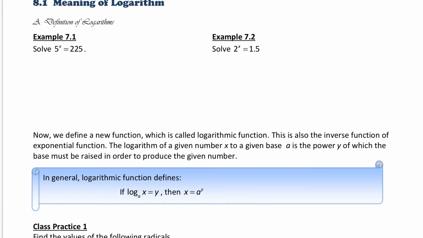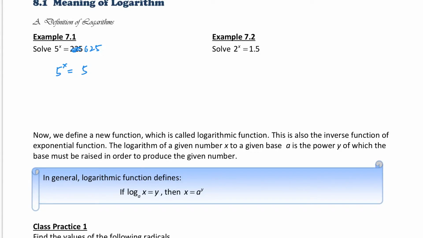Turn to page 2. Example 7.1. Example 7.1, if I want to solve 5 to the power x is equal to 625, what can we do? Maybe you can observe 625 is equal to 5 to the power 4.